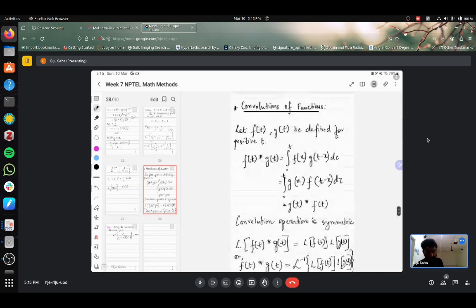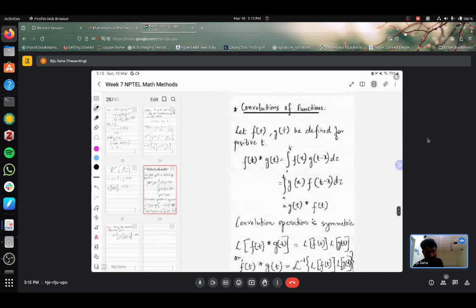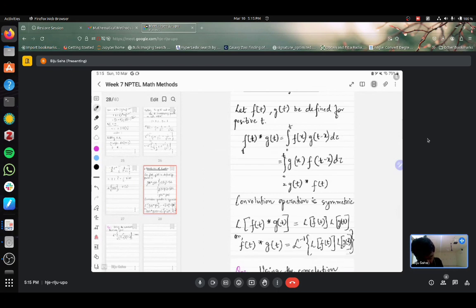Now let us quickly come to the next part, which is convolution of functions. This convolution of functions operation is given by this. This asterisk is not usual multiplication, it is the convolution operator. So it has this form. You can make a substitution that t minus x is some variable and bring it down to this form.